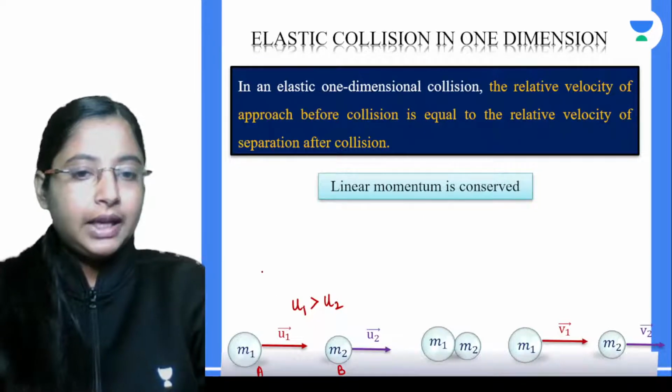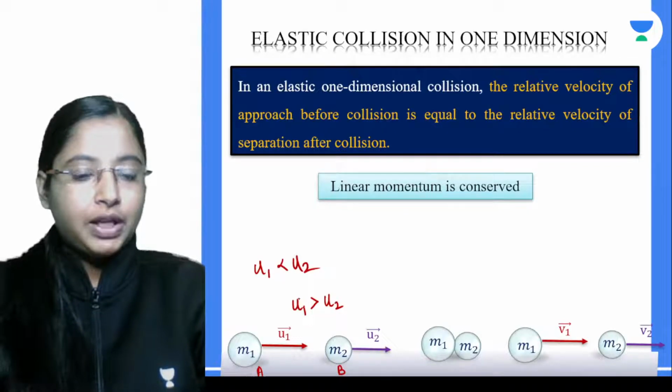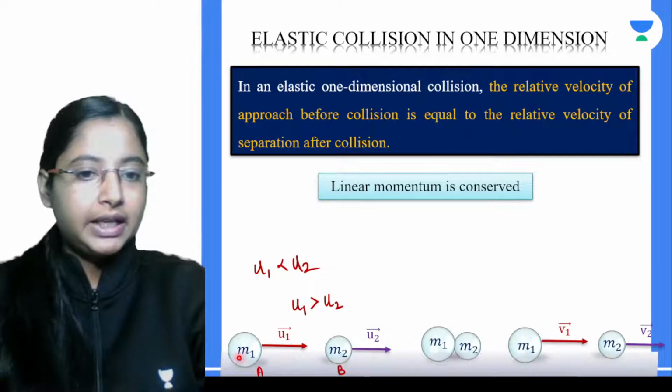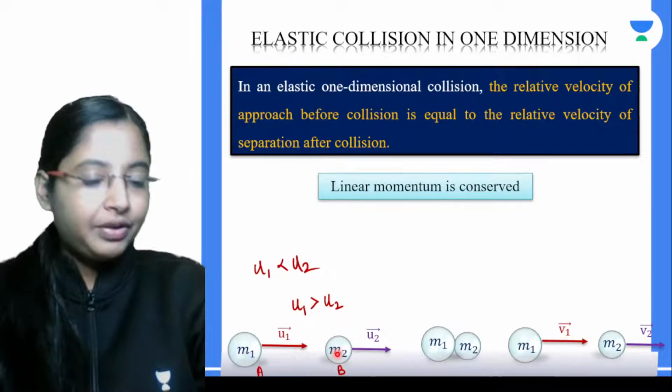Why? If u1 is less than u2, then the distance the second object B covers is obviously greater than the distance object A would cover. Then the collision will never occur.